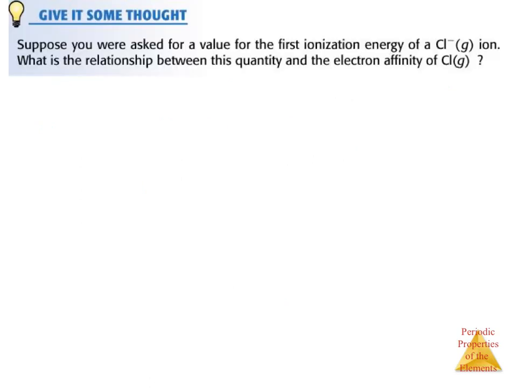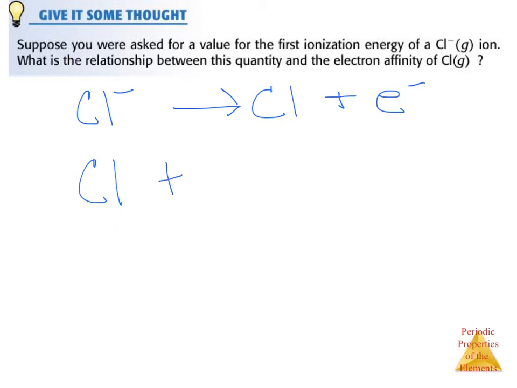Suppose you were asked for the value of the first ionization energy of the chlorine ion, and what is the relationship between that quantity and the electron affinity? So think about that for a sec. For the chlorine minus, the first ionization energy means it's going to be losing an electron. Electron affinity means I start with chlorine and I add an electron and I get the chlorine ion.